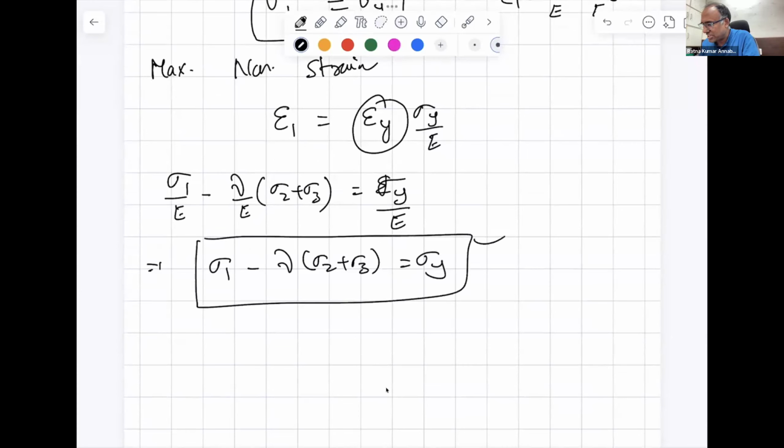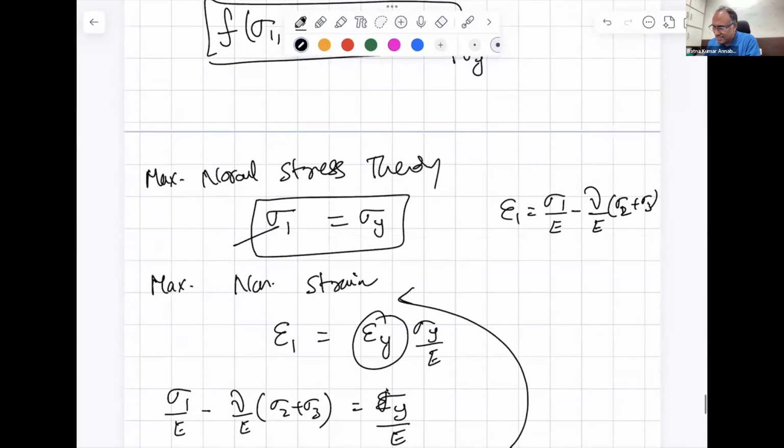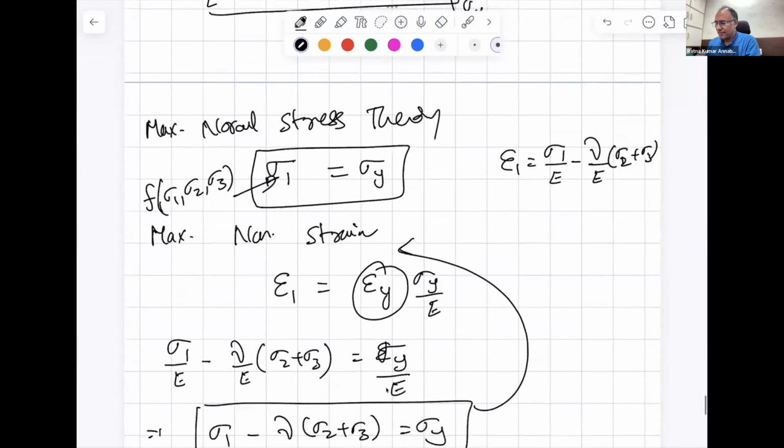That is what the maximum normal strain theory tells me. So in this case f of sigma 1, sigma 2, sigma 3 is sigma 1 minus mu times (sigma 2 plus sigma 3), while for the maximum normal stress theory, it only depends on sigma 1.